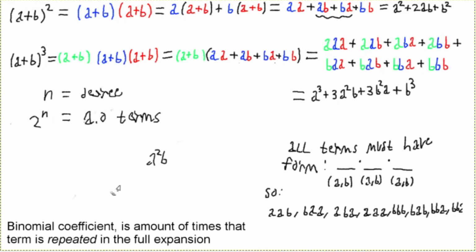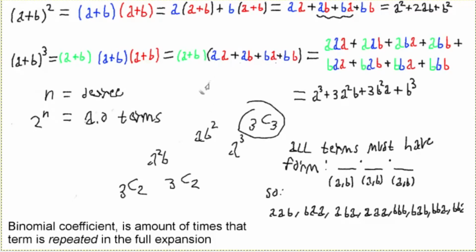So we just say 3 choose 2. Same thing if you have a b squared. We want 2 b's out of the 3 spaces. It's just going to be 3 choose 2 once more. Same thing if you have a cubed. You want all a's out of the 3 spaces. That means you're going to get 3 choose 3. And this is why n choose k is in the binomial formula.